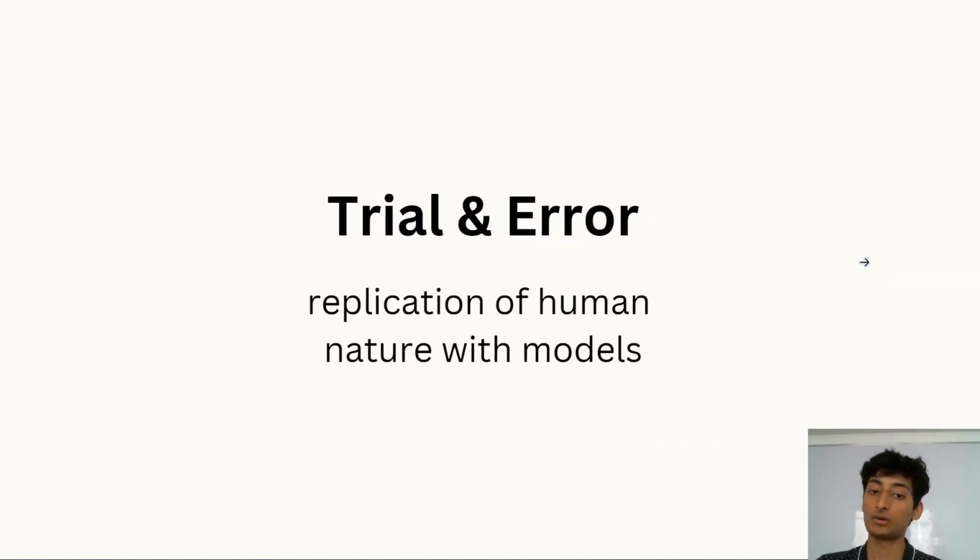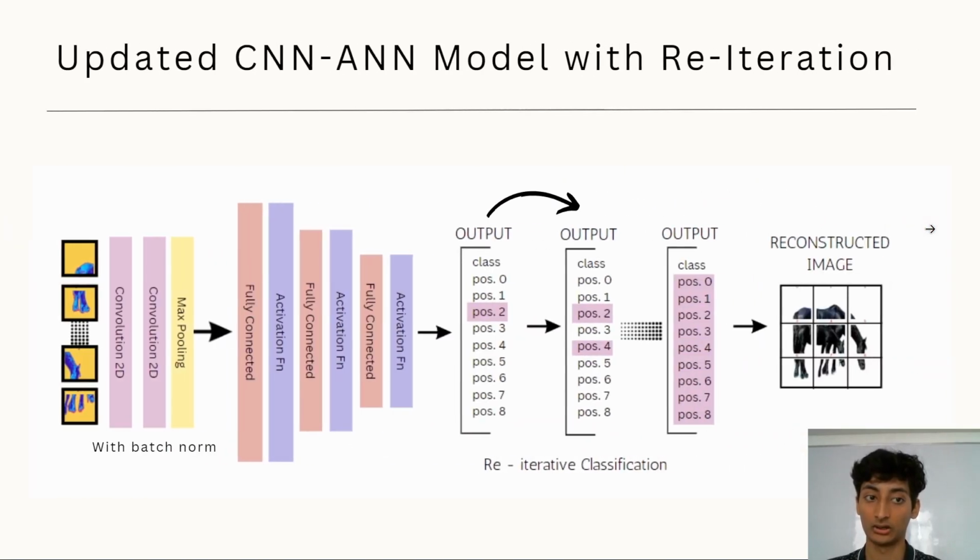So we try to replicate human nature within our models, and we call it the trial and error, the reiterative approach, which I have spoken about in the previous part. If you look at this, the updated CNN ANN model with the reiteration, you have the pieces here, then you put them through convolution, then you max pool them. Then you have the artificial neural network, which is fully connected layers with activation functions.